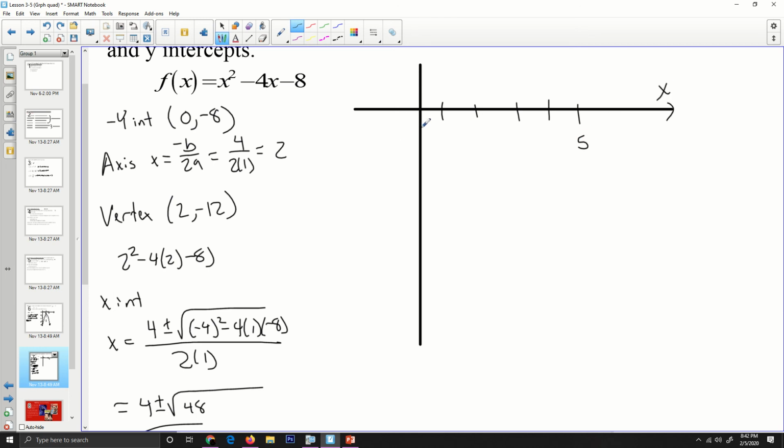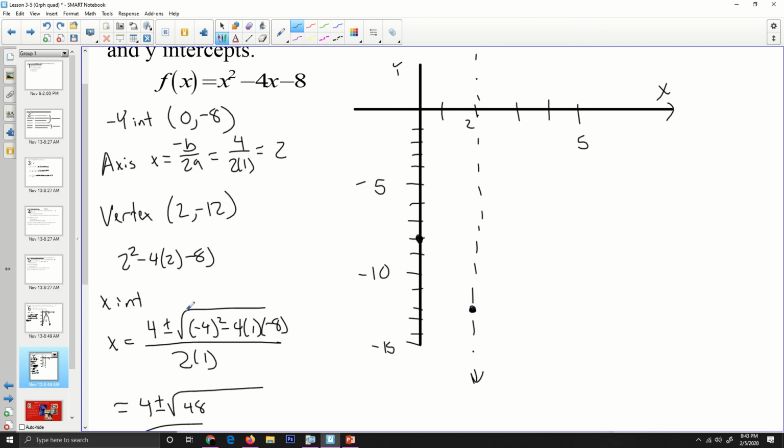And then 1 through 15, all negative on my y-axis. My y-intercept at -8 is right there. My axis of symmetry is right there. And then my vertex at 2, -12 will be right there.